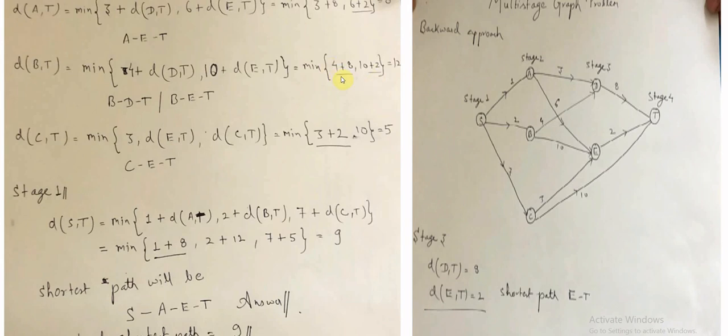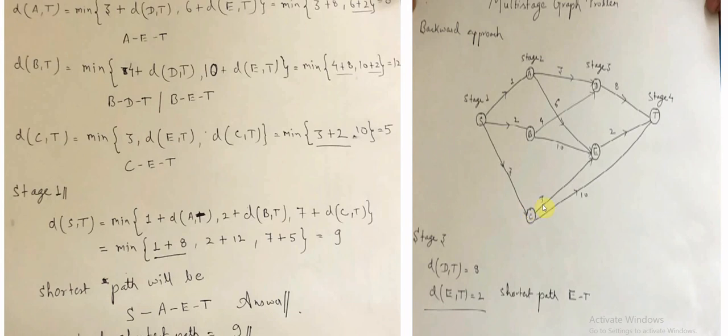Both the paths are offering the same cost, that is 12. So there are two ways, both offering the same minimum cost to reach T from B, via D and E.